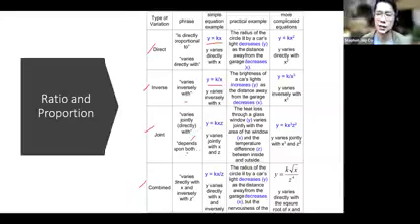Then varies jointly, you simply have to multiply both. Y equals the constant times x and z, where x and z are the two variables. And then combined varies directly with x and inversely with z, just like the example earlier, that is y equals k, the constant, times x over z.